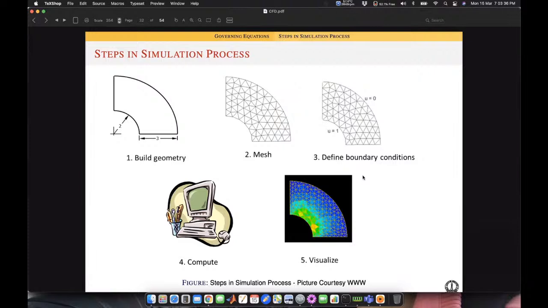You define boundary conditions, and this setup, this discretization process, physics, and the boundary conditions, you give to the computer. The computer is a master in churning numbers, so it keeps on churning numbers, and finally it throws some data out of all those values. Now the data is obtained at those points, and you would like to look at how the data is behaving based on the conditions that you are giving to the computer.